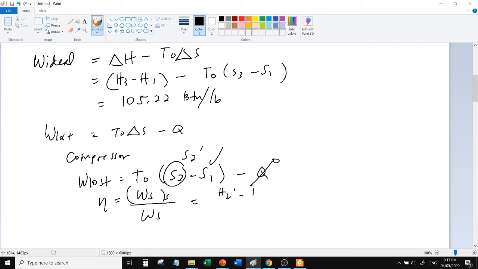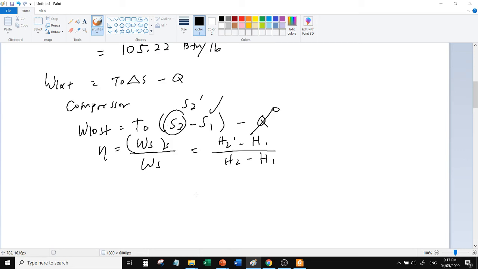So, we can solve H2 actual from the efficiency. So, for H2 actual, just substitute everything. It can be solved, because H1 and H2 prime are known. We interpolate. You can solve H2 actual as 569.375.